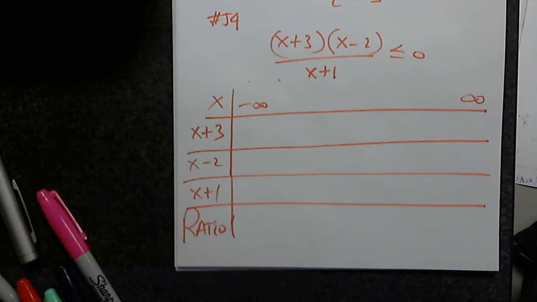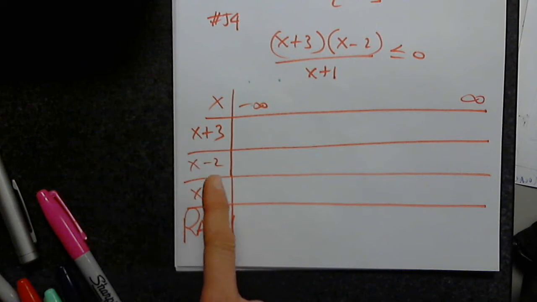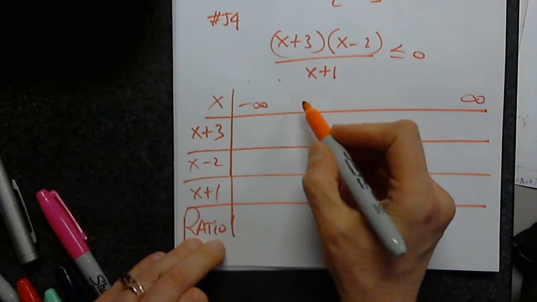How many numbers will I put in the chart? Good. And please give them to me in ascending order. Indeed. -3 from here, -1 from here, and 2 from here. Awesome. That's all we need.